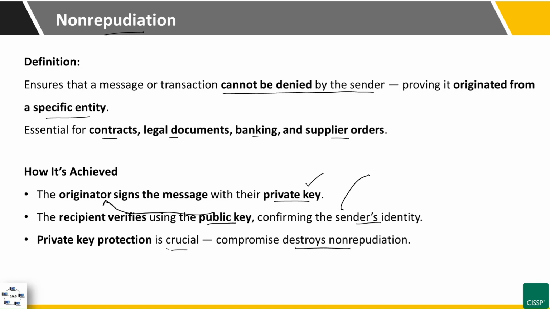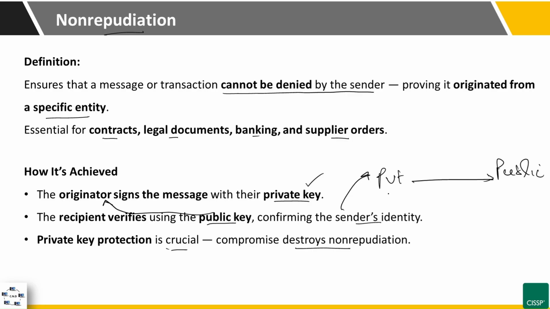So here, as we saw, if the user signs the message with the private key, it can only be decrypted. Sign means it is encrypted with the private key. It can only be decrypted with the public key of this private key pair.